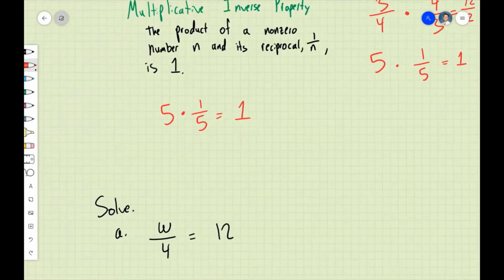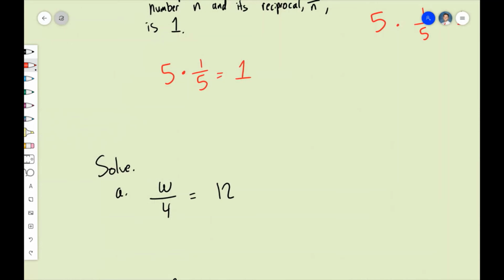All right, let's look at a couple examples here. This first one, we want to solve w over 4, or w divided by 4, equals 12. So we have some number, and when we divide it by 4, that equals 12. Again, we always want to work to isolate w in order to solve.